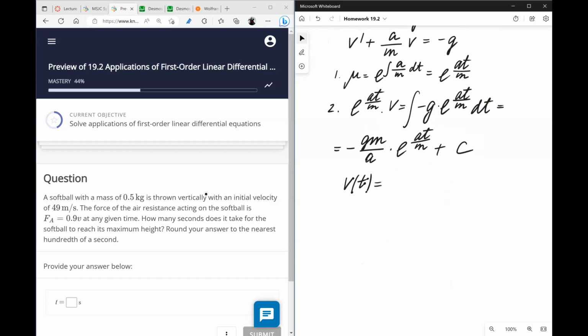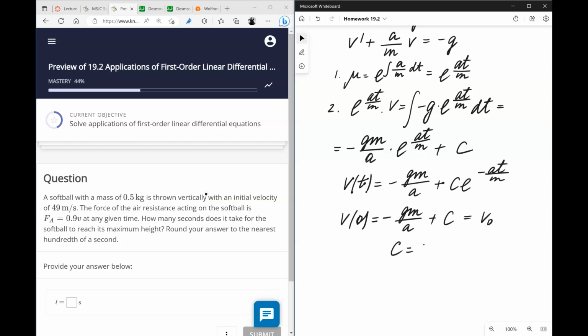Now we're isolating v. So when you isolate v, you get negative gm over a plus c e to the power negative at over m. And now we can use the fact that the initial velocity is given. Let's call it v0.